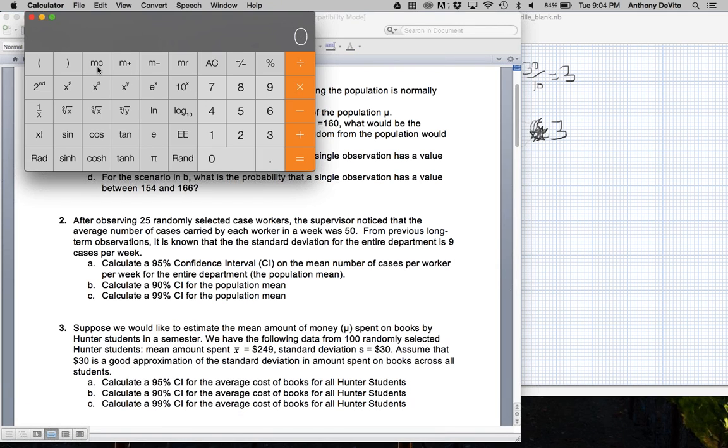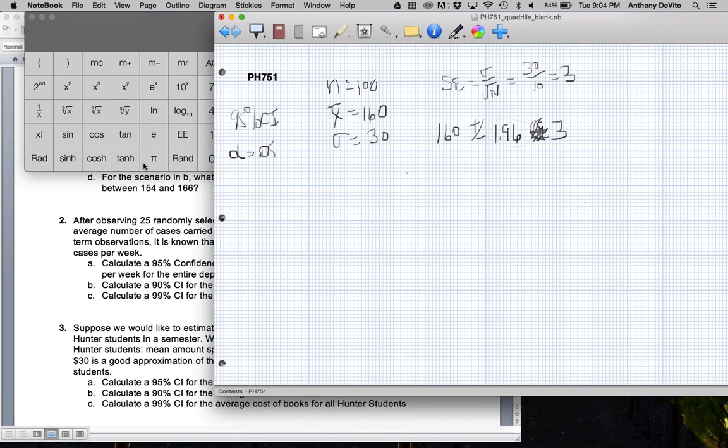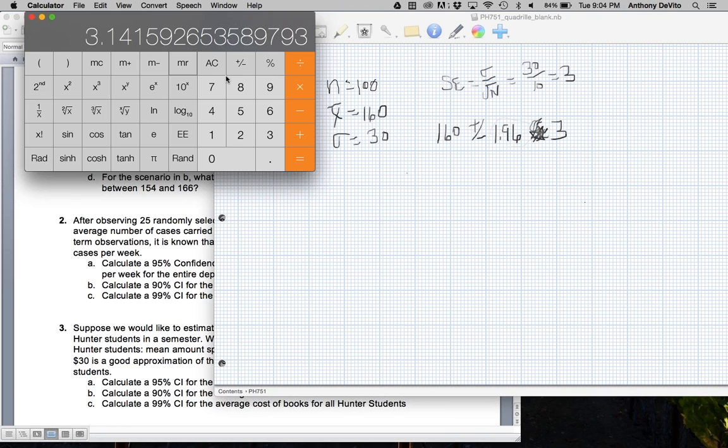I'm going to clear this. 1.96 times 3 is equal to 5.88. I'm going to put that into memory. And our mean again was 160.